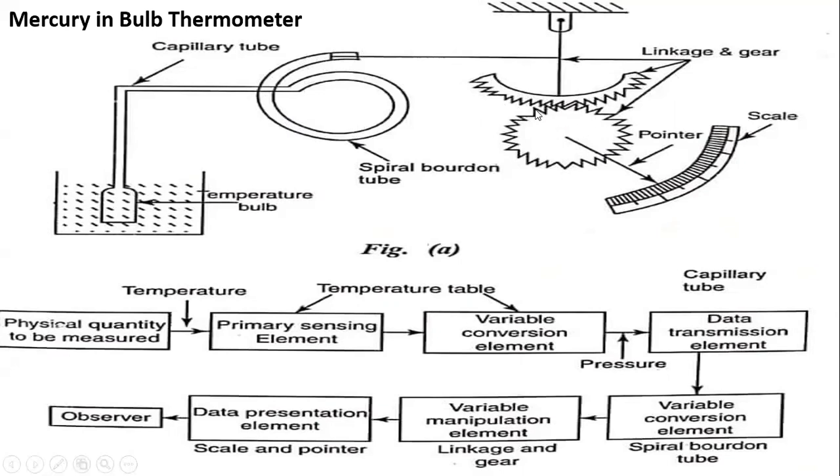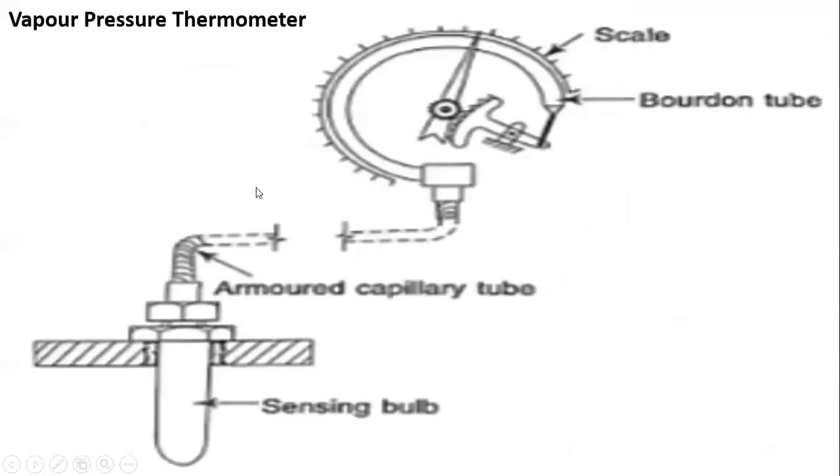This is a pinion and this is the gear. When the indicator is connected to it, you have the pointer moving on the scale. So you have the primary sensing, secondary sensing, signal conditioning, and presentation. That's exactly what we have in this mercury in bulb thermometer, to understand the generalized measurement system.